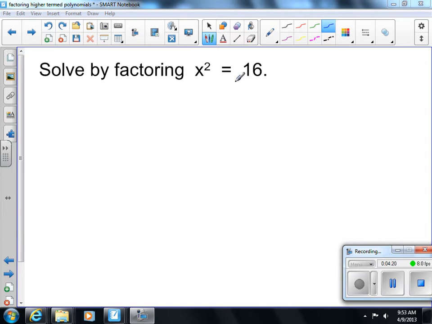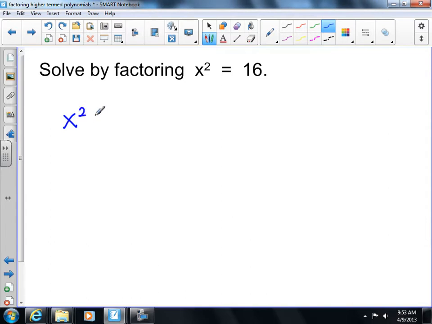Okay, let's take a look at something that's a little unusual. I don't have it set equal to 0, so let's get the 16 on the same side. But how do I factor that? Do you remember from the perfect squares what you did? It'd be x. So remember, you don't have any x term in the middle, so they end up canceling out.